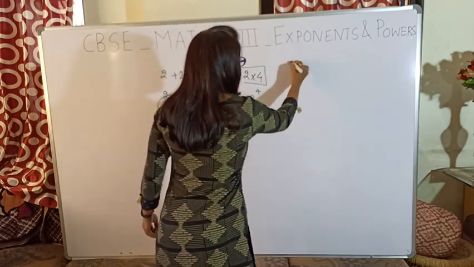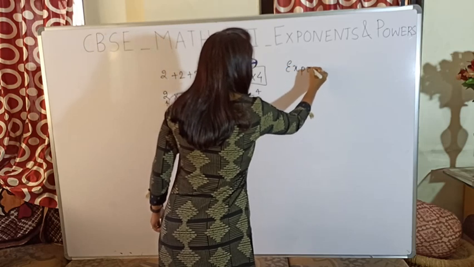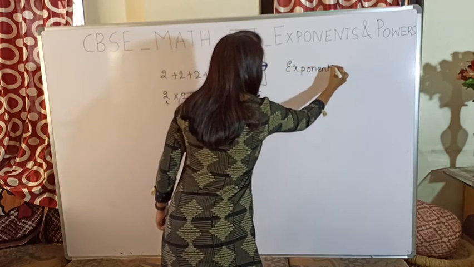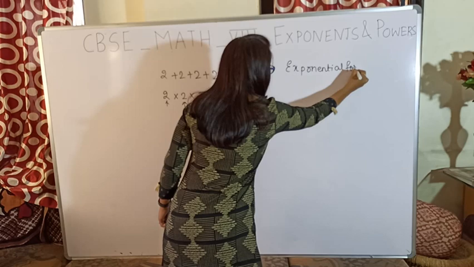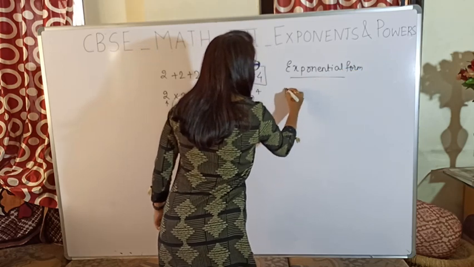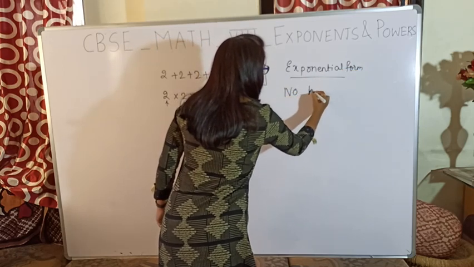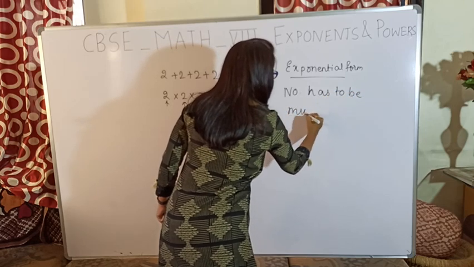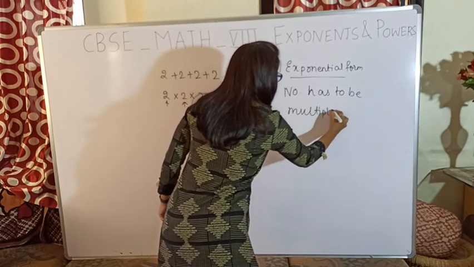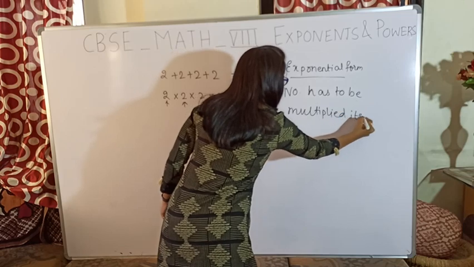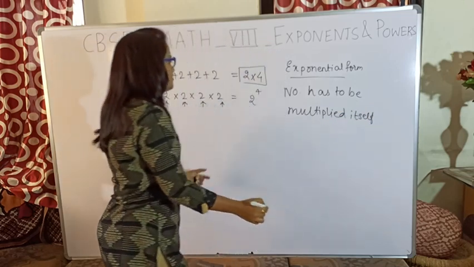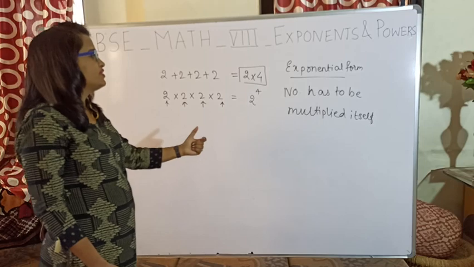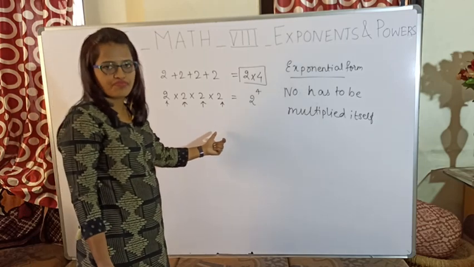So whenever you are writing a number in an exponential form, it is needed that the number has to be multiplied with itself. Yes. So whenever a number is being multiplied with itself, that number only can be written in an exponential form.